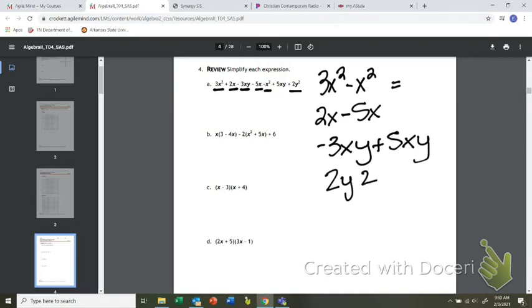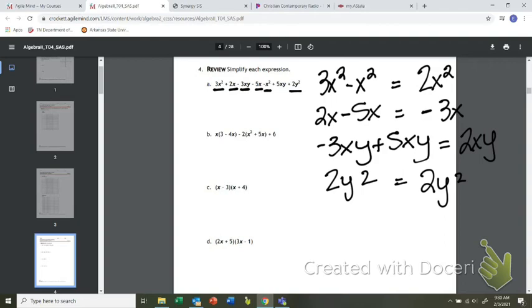So simplify, 3 minus 2 is 2x squared. 2x minus 5x is negative 3x. When you simplify these, you get positive 2xy, and then this one is left the same. So if we put that all together, 2x squared minus 3x plus 2xy plus 2y squared.